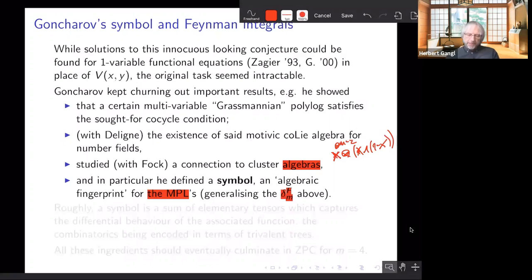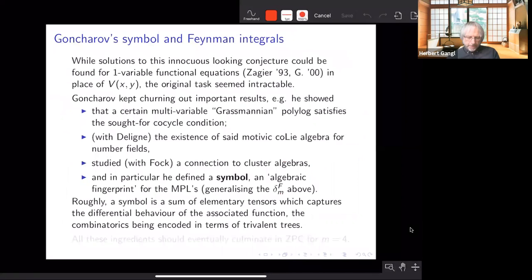A more complicated version of that has not just a single term, but many terms. It makes life considerably harder, but it gives you a better grip on those multiple versions of polylogs. I think I'm almost out of time already, so let me skip this.